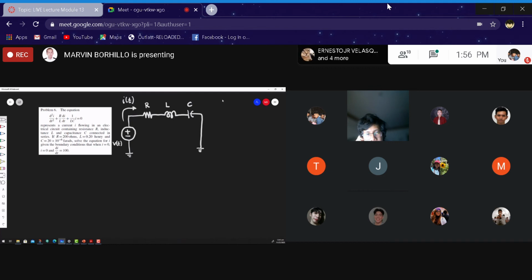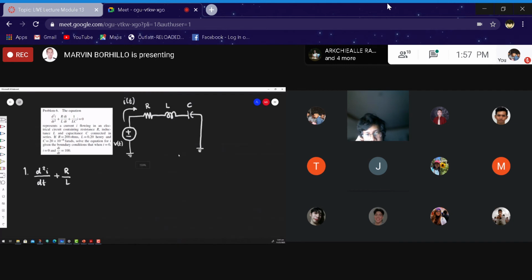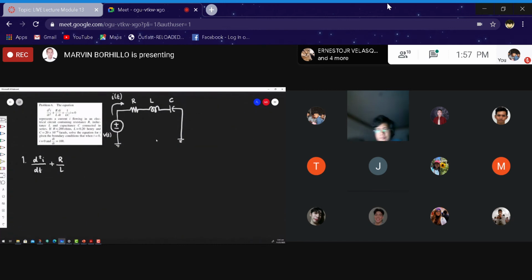So, first is get the D operator form. Step number 1: get the D operator form. So let's write the equation: d squared I over dt squared plus R over L di over dt plus 1 over LC times I is equal to 0. Getting the D operator form will be like this.